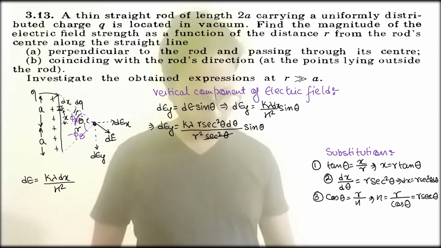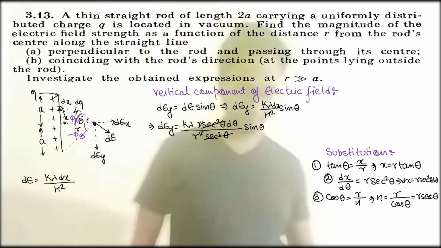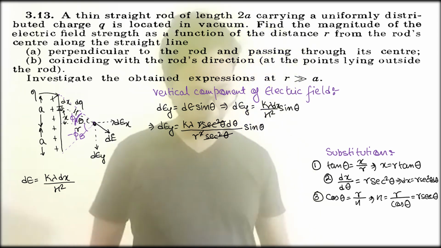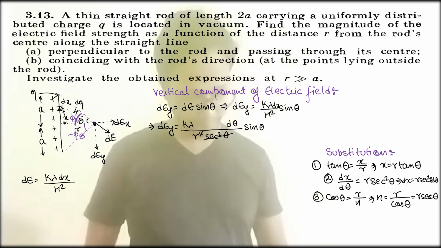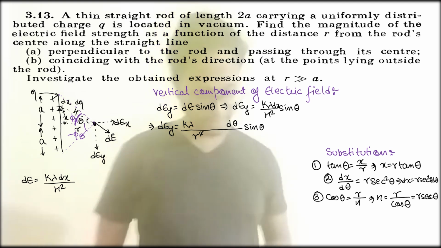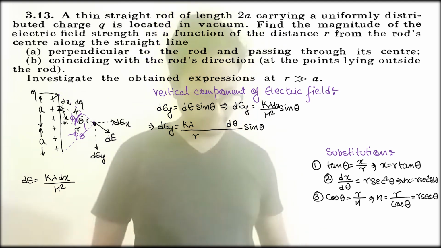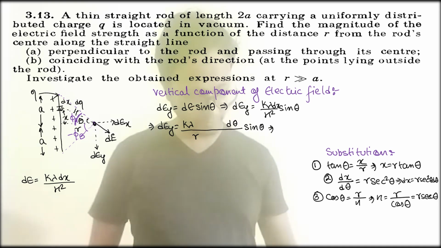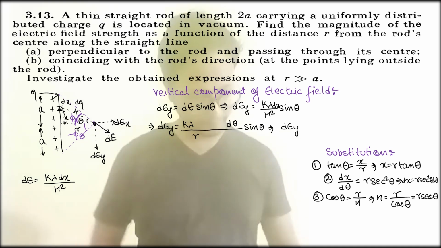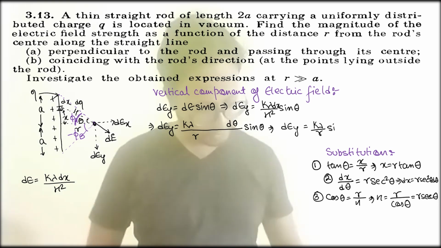So sec square theta and sec square theta will get cancelled, r and r will get cancelled. The remaining part is k lambda by r into sine theta d theta. So the vertical component of electric field is k lambda by r into sine theta d theta.